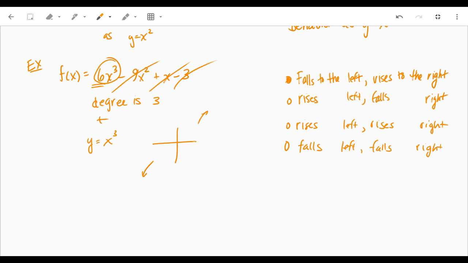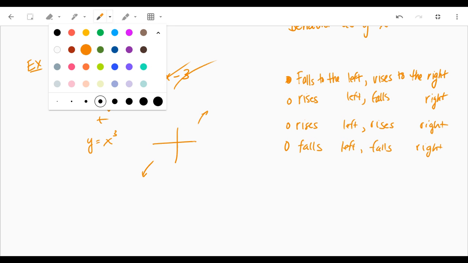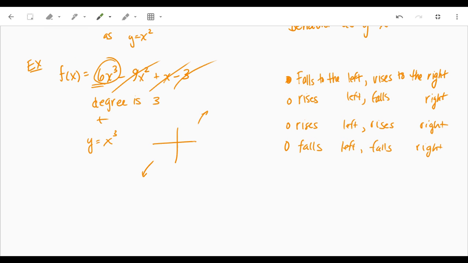All right, we'll do another one because they give you like 3 at a time. The next one, and I'll switch colors here so that I don't get too confusing. The next one is f of x is negative 5x to the 6th minus 6x to the 5th plus 3x to the 4th plus 6.